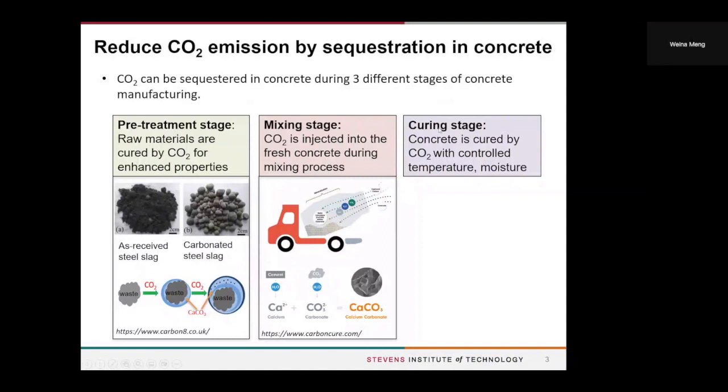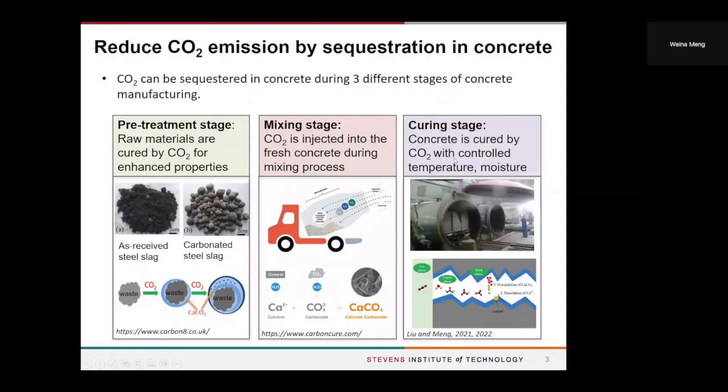And the third stage, we call it the curing stage. This one has been intensively investigated. The concrete is cured in an environmental chamber, something like this, with a very high concentration of CO2 and with controlled pressure, temperature, and moisture.